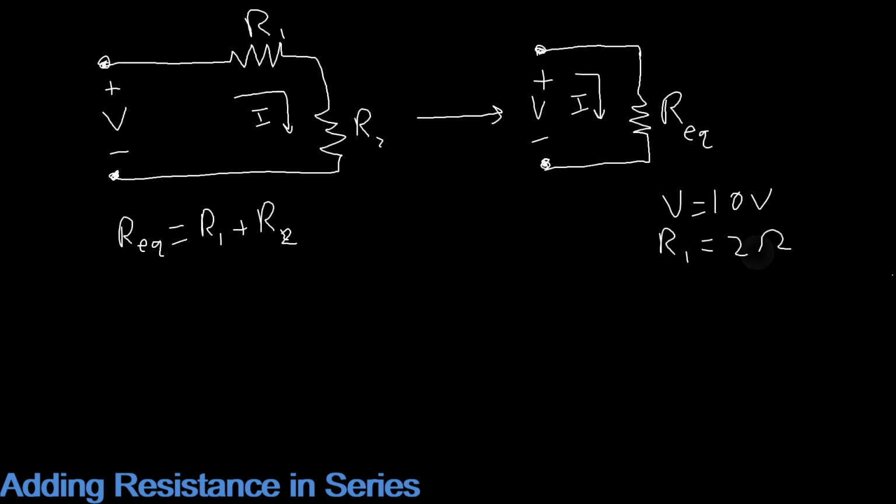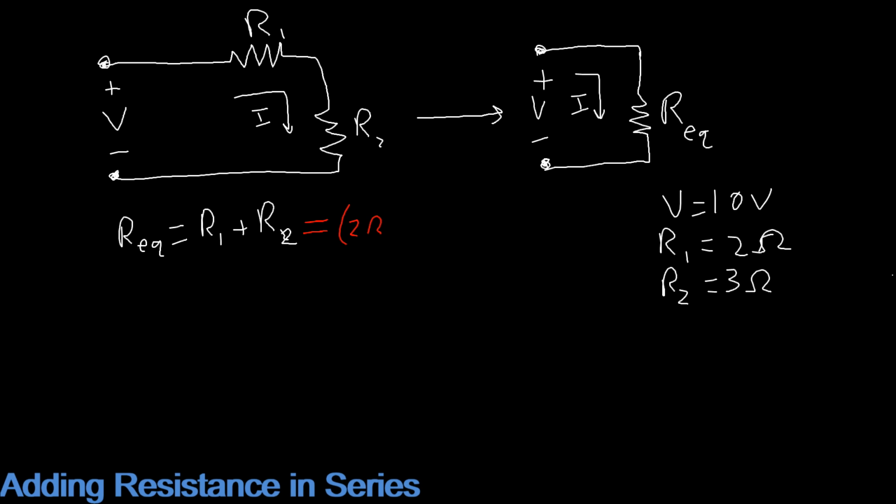Okay, so in order to calculate our equivalent resistance, we're going to set our equivalent resistance equal to 2 ohms plus 3 ohms, and that's going to be equivalent to 5 ohms.